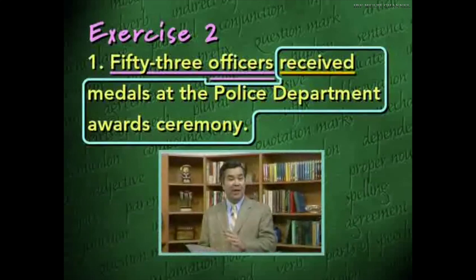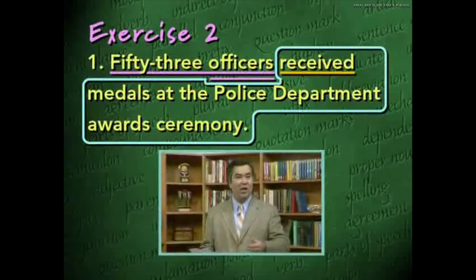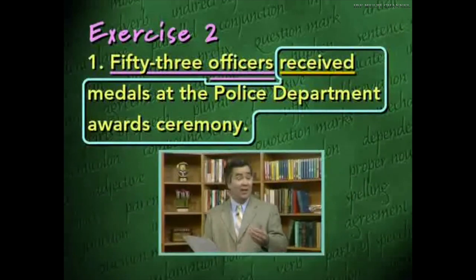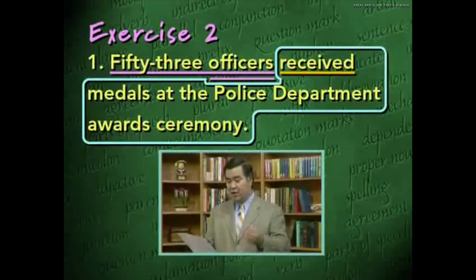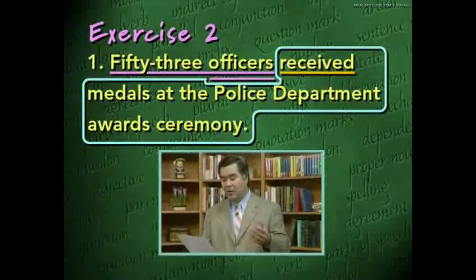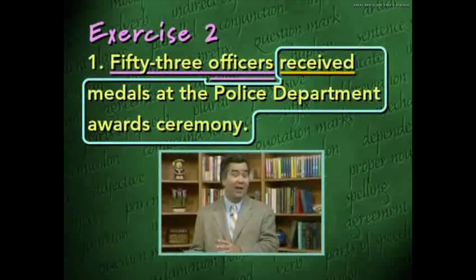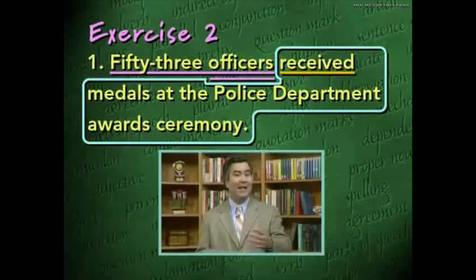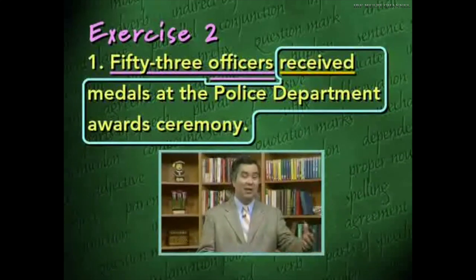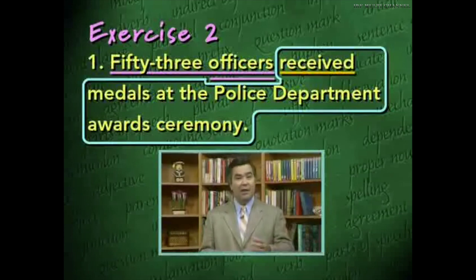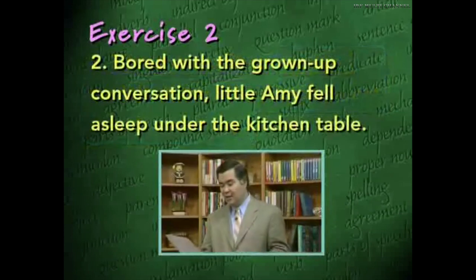All the rest of the predicate gives us more information about what the officers did. What did they receive? Medals. Where did they receive them? At the police department awards ceremony. So all those other words in the predicate are there to give us more information about the action they did, namely the receiving.